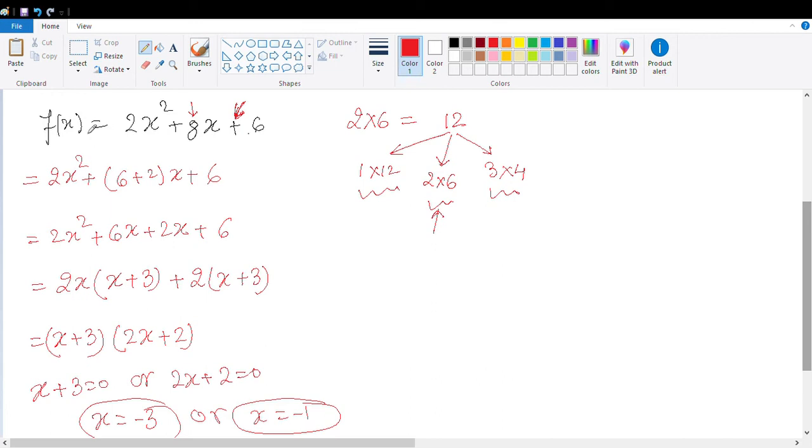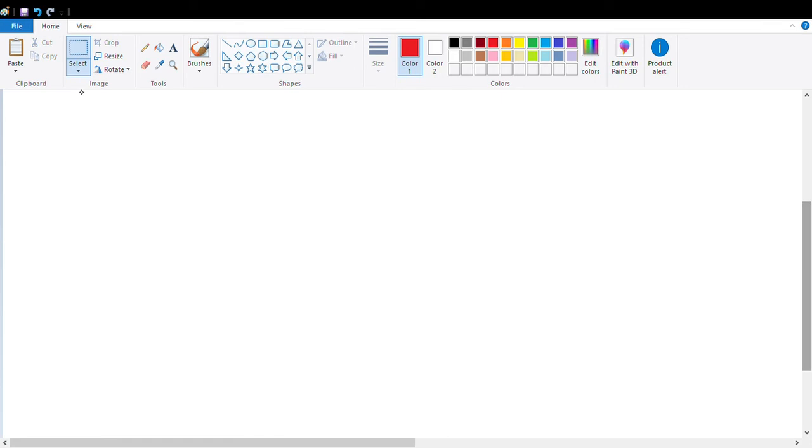Okay, now after this splitting the middle term, I will explain the quadratic formula. Before that I will explain the difference between a polynomial and an equation. Like you know that f(x) is equal to x square plus x plus 1 is the polynomial.